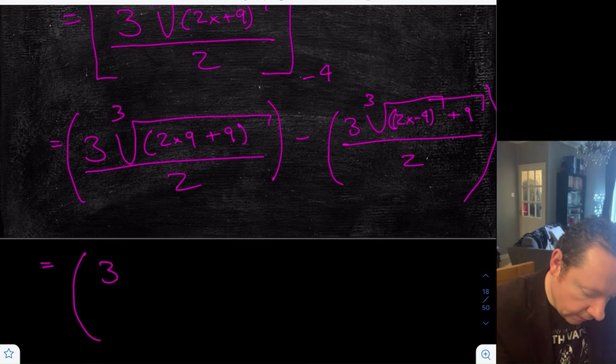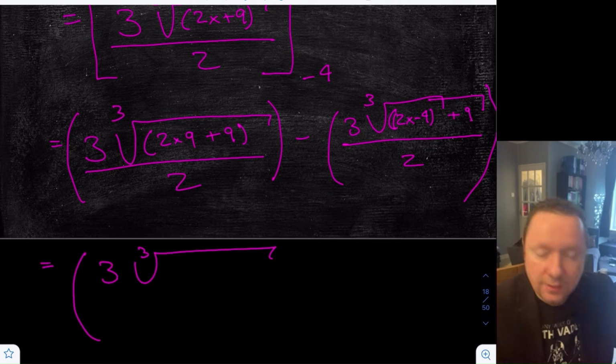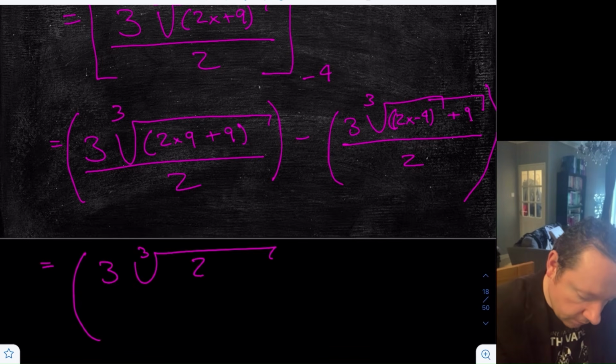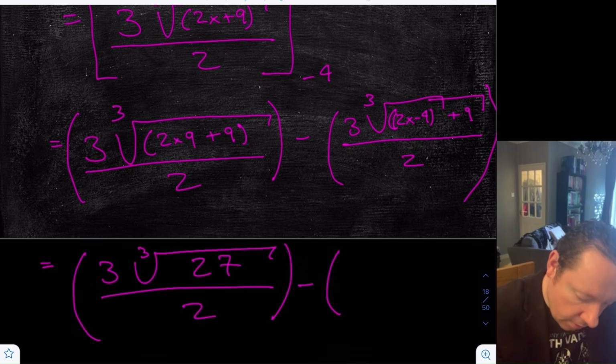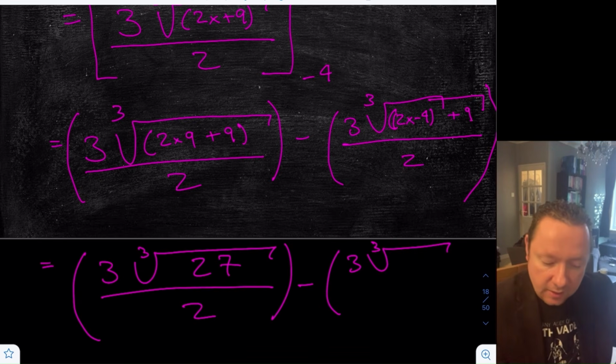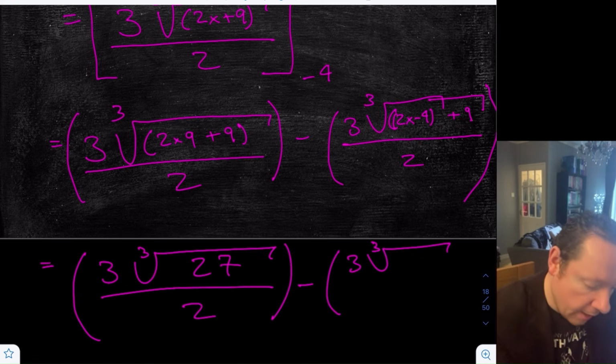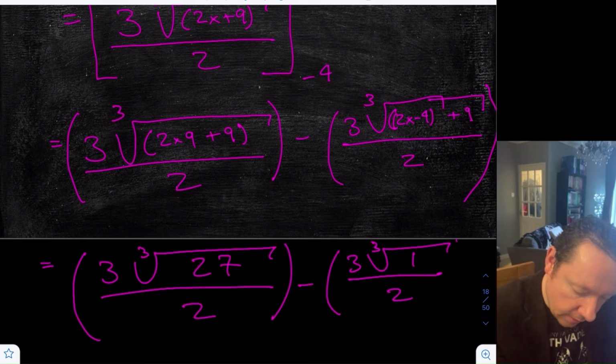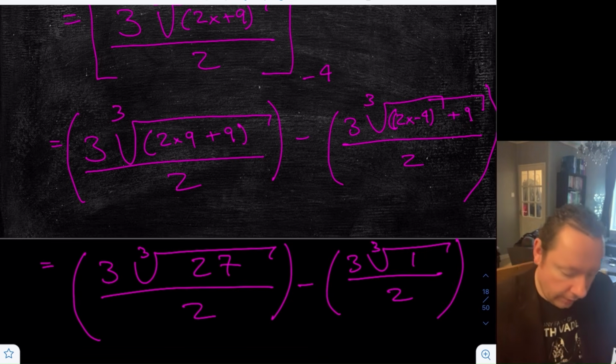So that's 3 times the cube root of 2 9s is 18, 18 and 9 is 27 over 2, minus 3 times the cube root of 2 times -4 is -8, add 9 is 1, all over 2, and that's handy because that now simplifies quite easily.